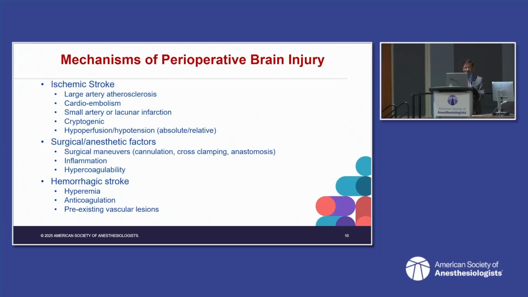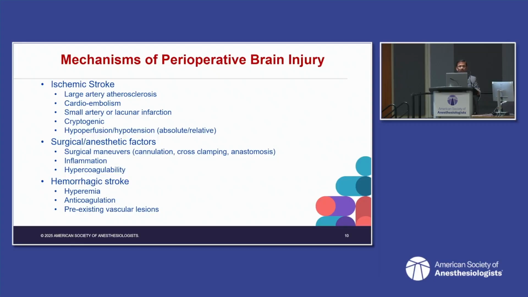So let's talk very briefly about the mechanisms of perioperative brain injury in this sense. So a majority of the strokes, at least, are ischemic strokes. And again, for the context of this presentation, I'm not going to dive into delirium and POCD, but focus mostly on strokes. But ischemic strokes tend to be related to an atherosclerotic process in the large arteries, or typically an embolic phenomena.